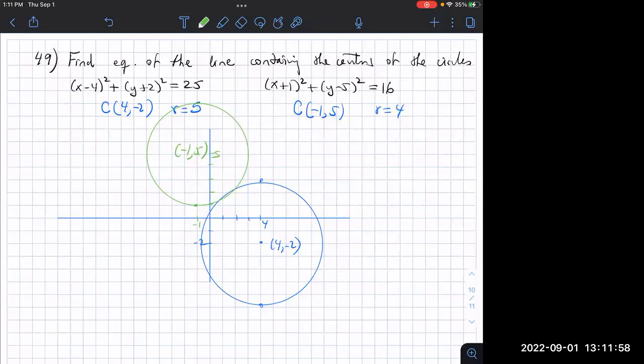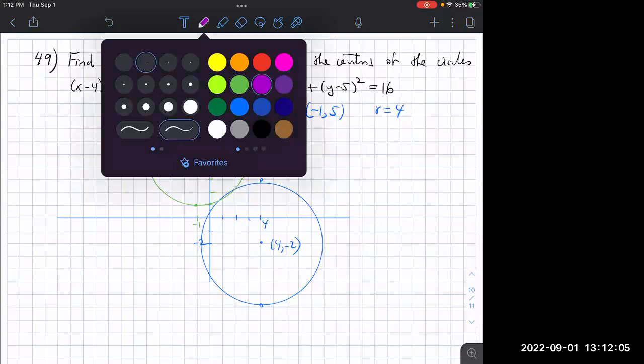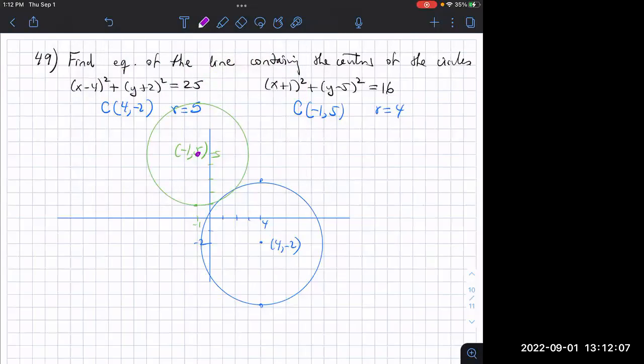But now it's saying find the equation of the line that contains the centers of the circles. So you're just looking at the centers. So here's one center, here's another center, and the line that goes through those two. Okay, so once you identify that, you don't even need the circle. So you're just looking at that line. Does that make sense? Yeah, it does.